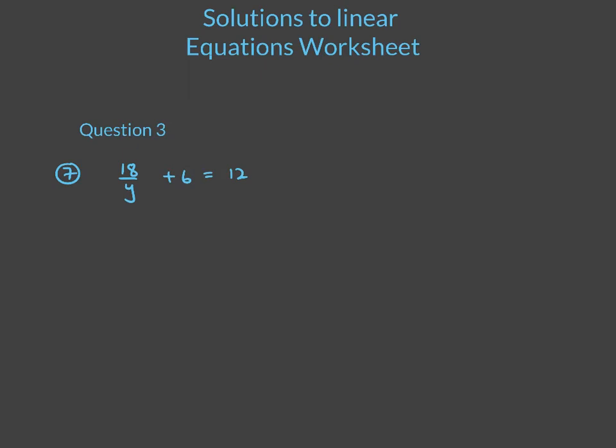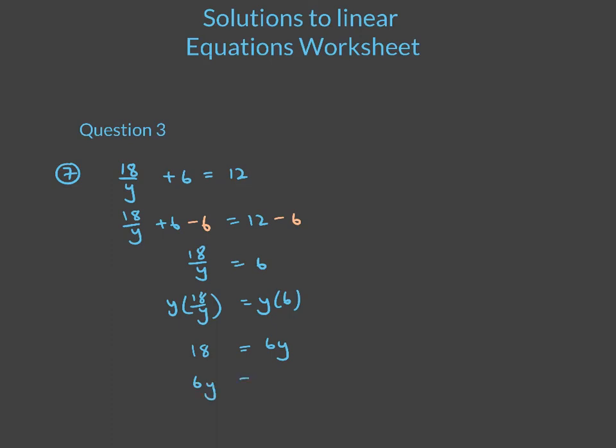Want to get that 18 over y term alone. What do I do with the plus 6 there? Minus 6 on both sides of the equation. So 18 over y is equal to 6. Multiply y on both sides of the equation. So 18 is equal to 6y. That means 6y is equal to 18. Divide 6 on both sides of the equation. That means y is equal to 3.